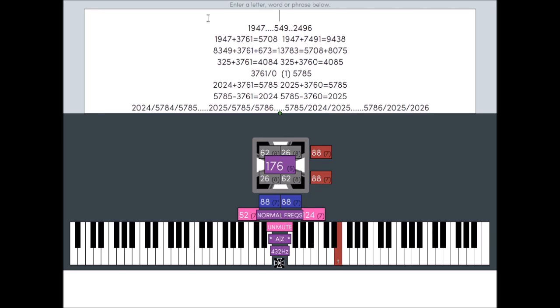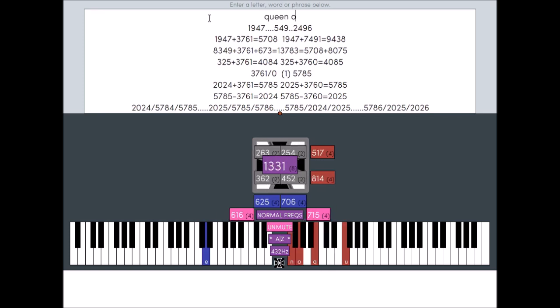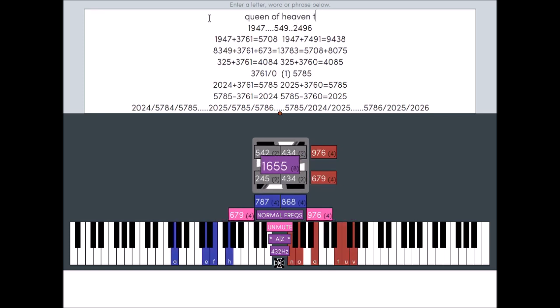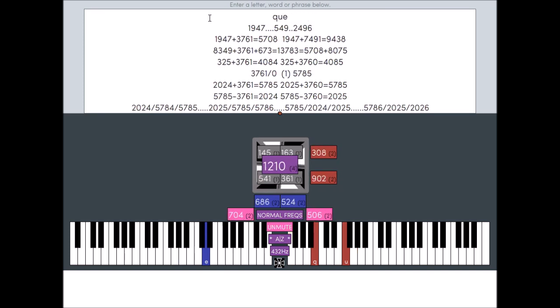There's definitely some relations within the word. That's, again, different derivatives. 549, 549. I'll have to look up some of that stuff.